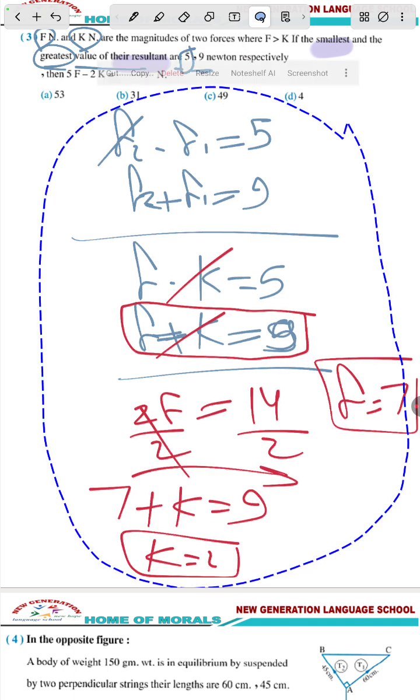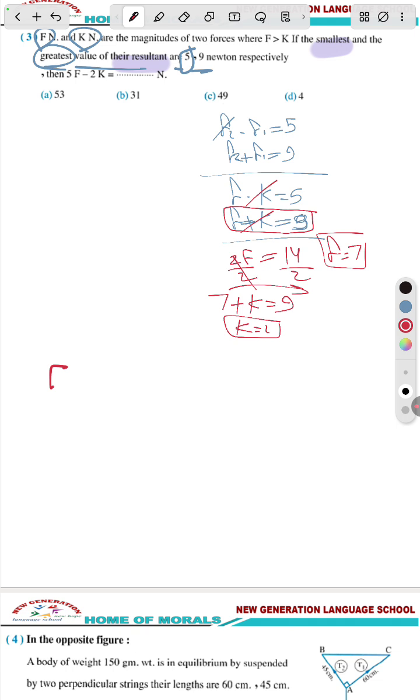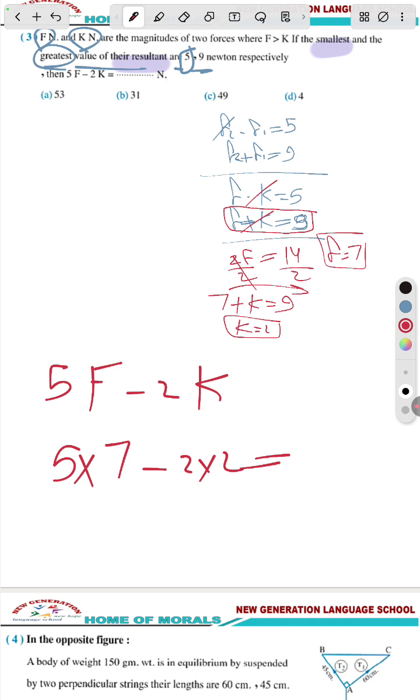By substituting, 5 times 7 minus 2 times 2. By using the calculator, I have 5 times 7, 35, minus 4. It will be equal to 31.